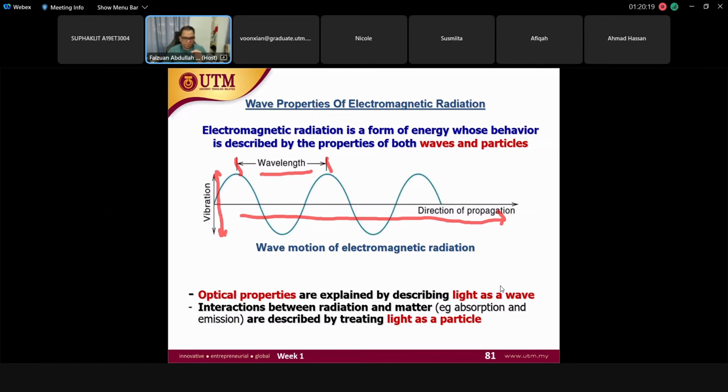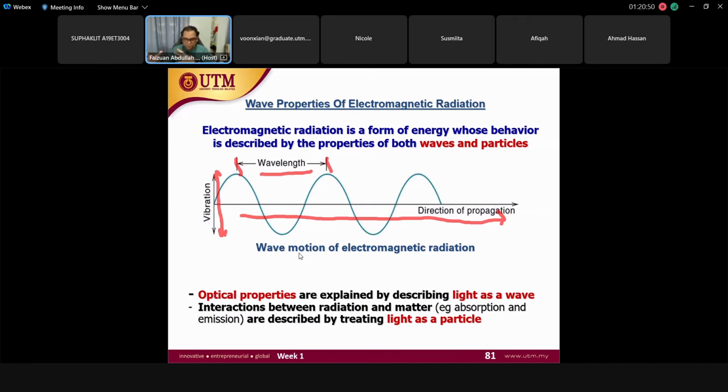The interaction between radiation and matter, for example the absorption or emission, is described by treating light as a particle. So the light involved in this study, we are considering as a wave and also as a particle, so that we can understand the steps involved after this.